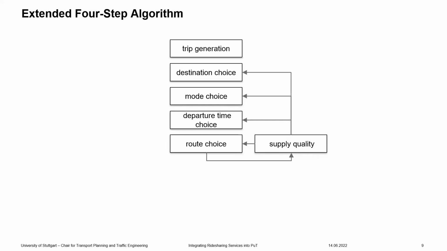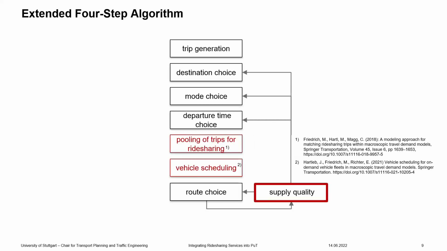And this extended 4-step algorithm we need to extend again in order to depict the ride-sharing services. We need to extend it by the steps for pooling of trips for ride-sharing and the vehicle scheduling. And we need to extend the supply of public transport because we want to implement ride-sharing into public transport.